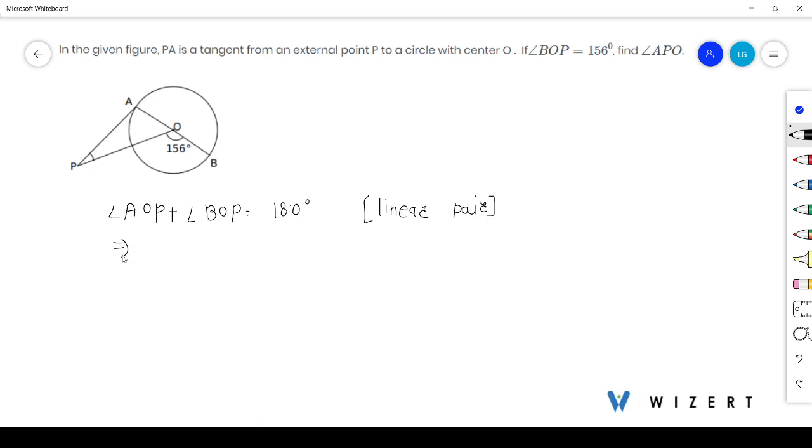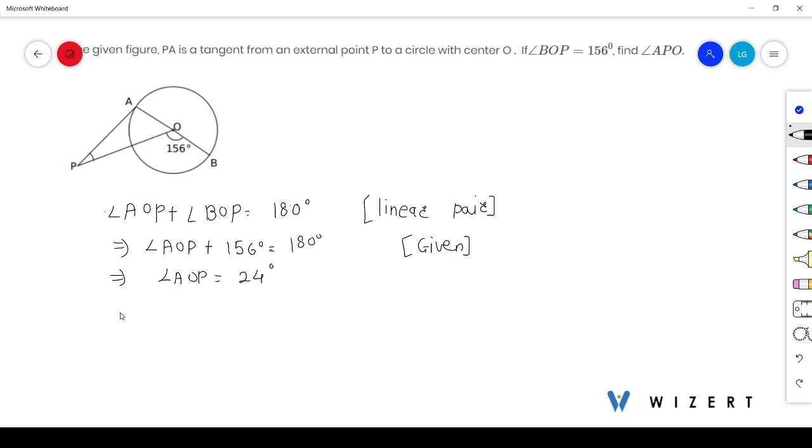Now here we are given that angle BOP is 156 degrees. So angle AOP will be 180 degrees minus 156 degrees, that is 24 degrees.